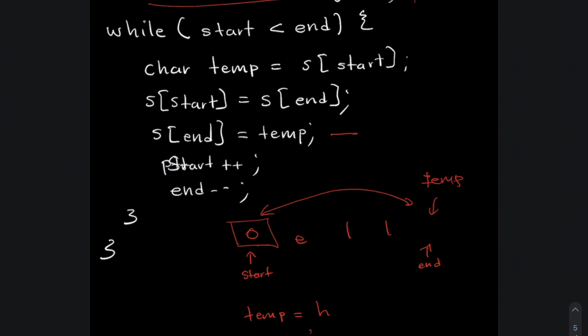So now temp here is H. You can see that if we just keep doing this, moving start to the right and end to the left, we're going to continue swapping these values like we just did until our start is no longer less than our end. And that's basically what our iterative solution looks like.